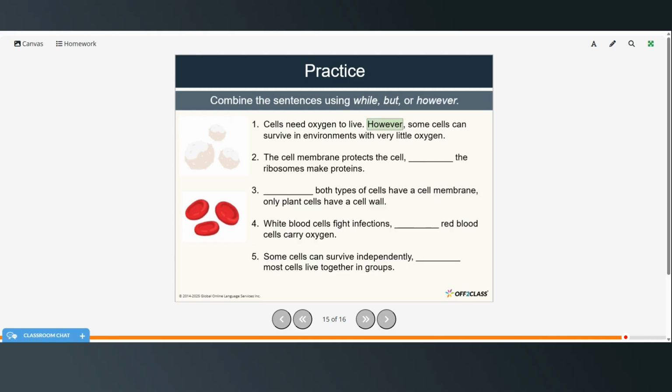However, some cells can survive in environments with very little oxygen. Number two, the cell membrane protects the cell while the ribosomes make proteins. Number three, while both types of cells have a cell membrane, only plant cells have a cell wall.